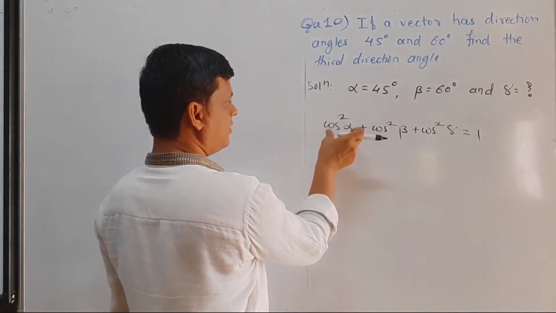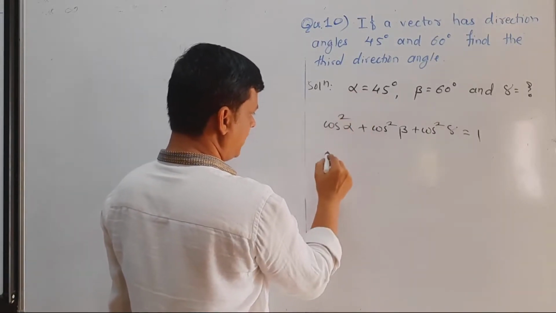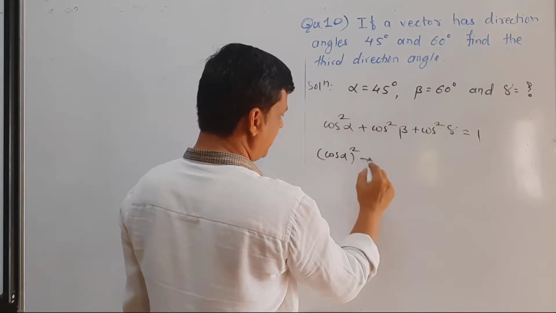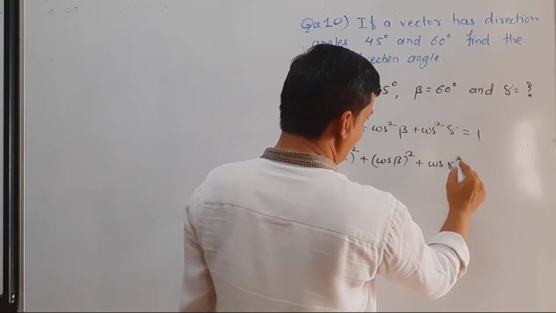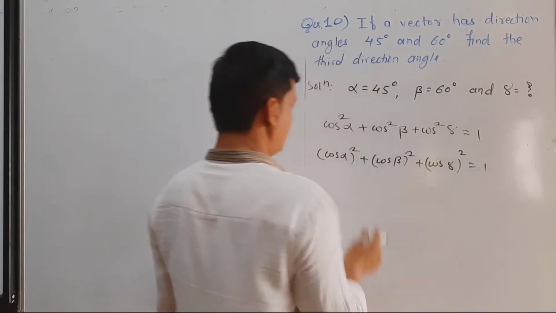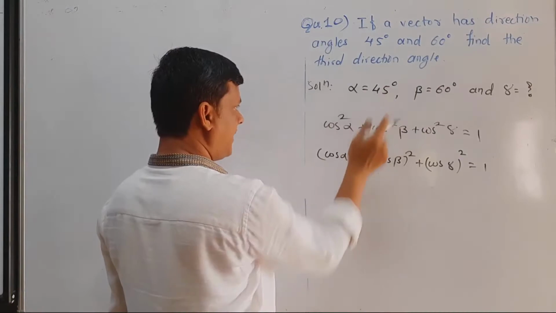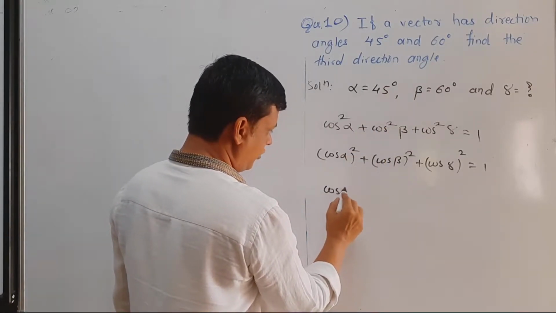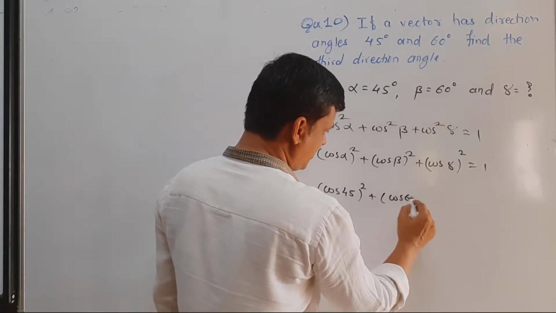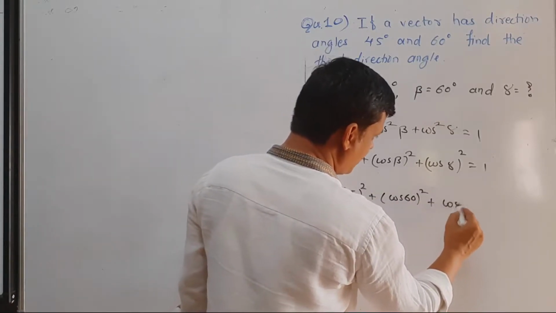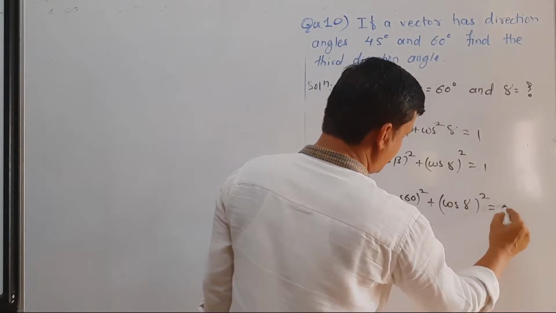So we substitute the values. First we write (cos alpha) square plus (cos beta) square plus (cos gamma) square is equal to 1. Now substitute the value of alpha as 45, so we write (cos 45) square plus (cos 60) square plus (cos gamma) square is equal to 1.